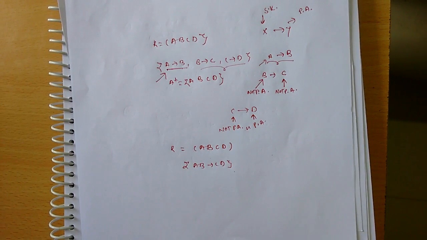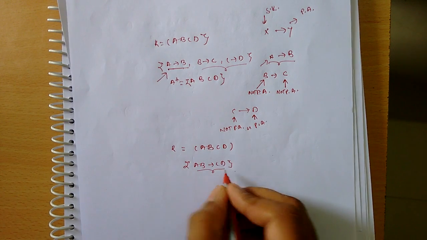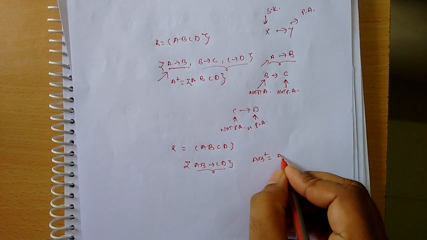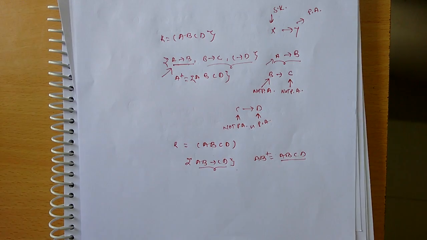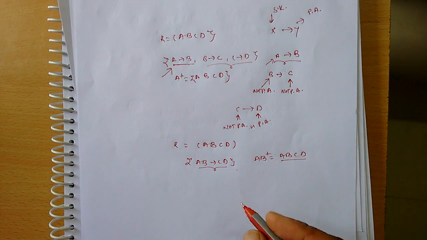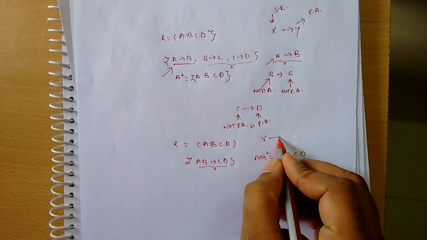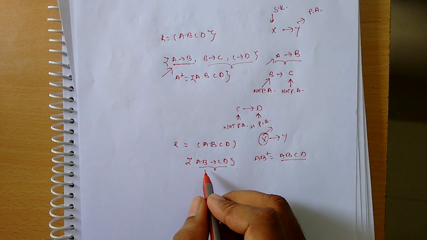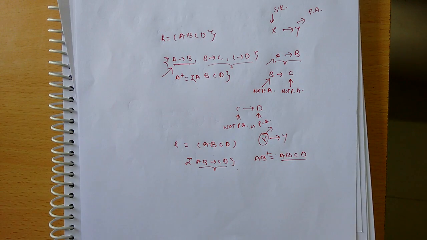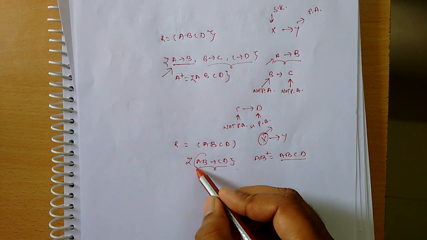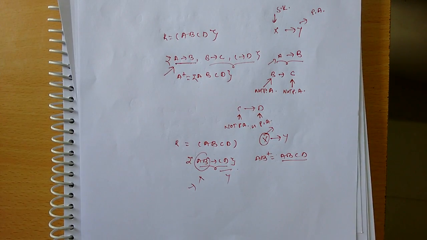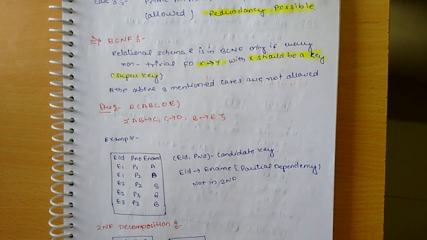So this relation is in BCNF because there is only one given functional dependency, and X is a super key. It means we have removed all the redundancies.